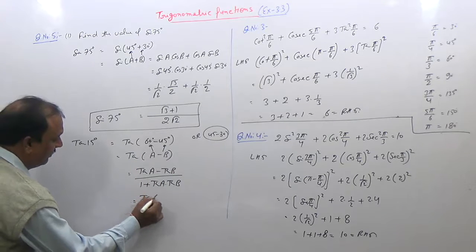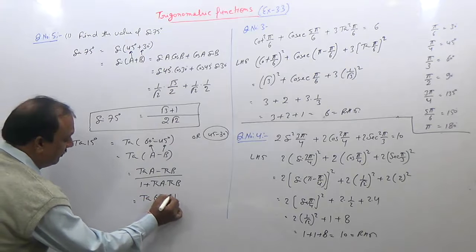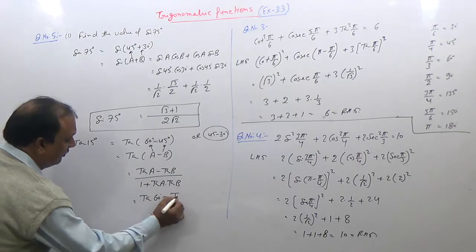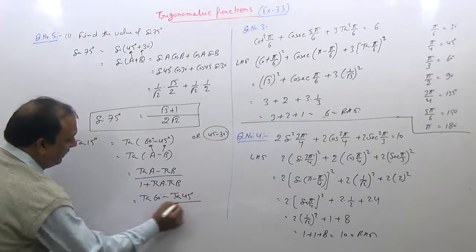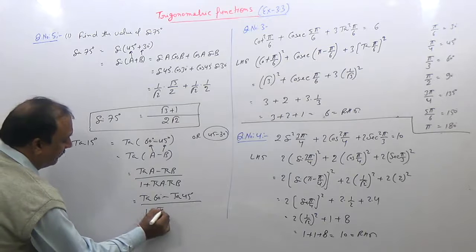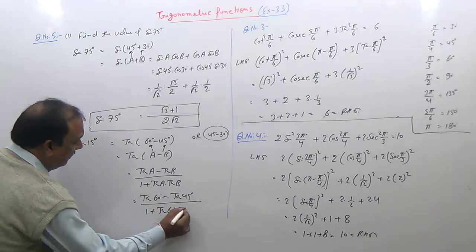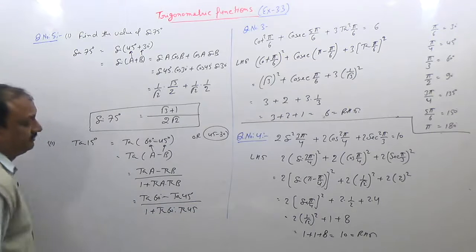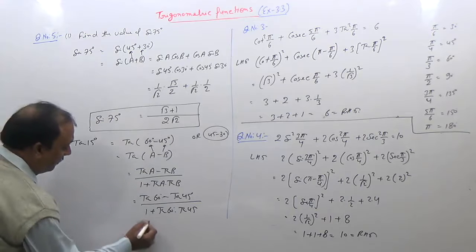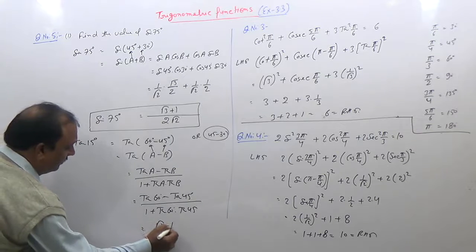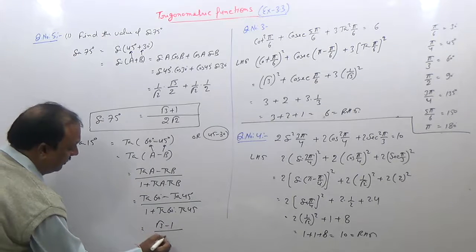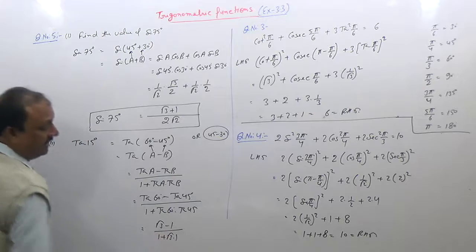So tan 60 minus tan 45 upon 1 plus tan 60 and tan 45. Substitute the values: tan 60 is under root 3, tan 45 is 1, so 1 plus under root 3 and 1.